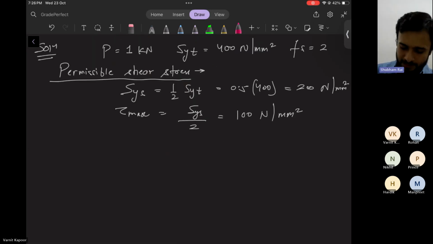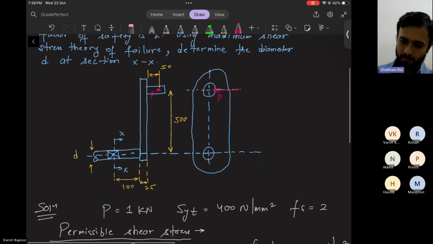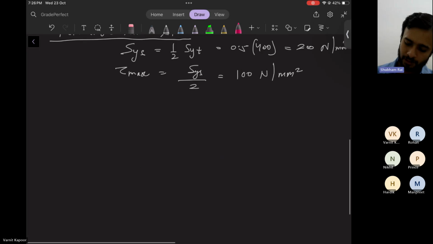Now, as I told you, there will be both bending and twisting at the cross section XX. So we can just write. I'm just writing it.